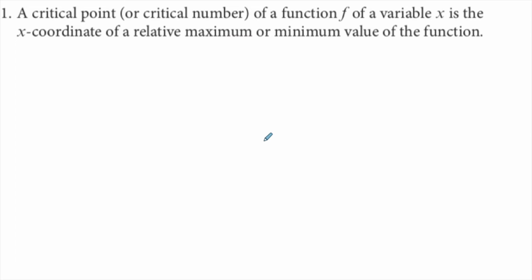Now, if you read that quickly and think, okay, yeah, that makes sense, it may be kind of true, but it's not completely true. So this one is going to be false, and the reason is because a critical point or a critical number is not always a max or a min.